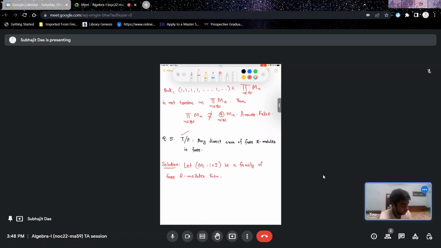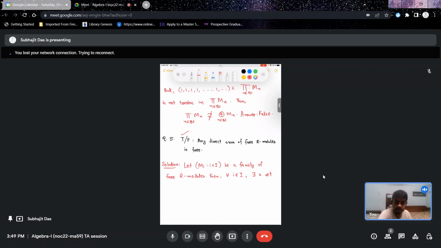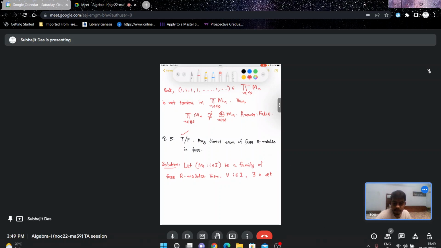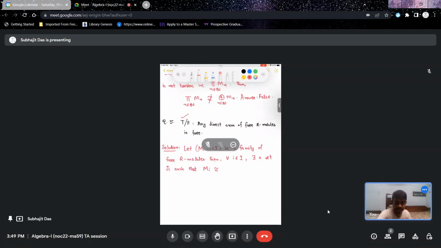Then for every i in I there exists some index set J_i such that M_i is isomorphic to, we can in fact write equal to, the direct sum of J_i many copies of R, right?